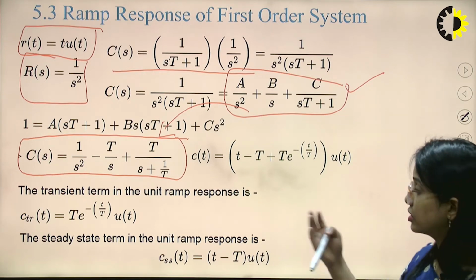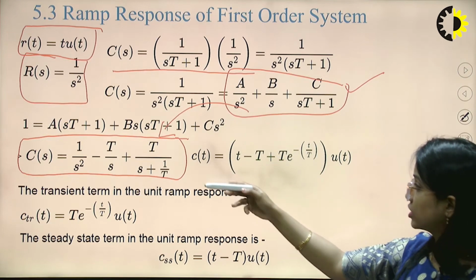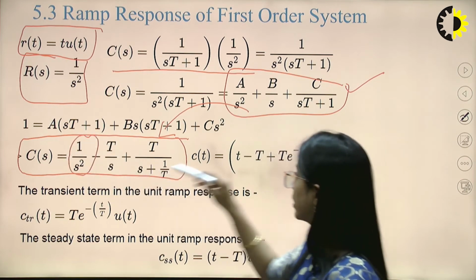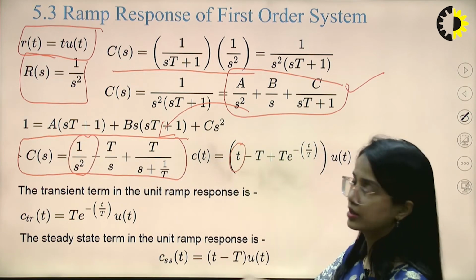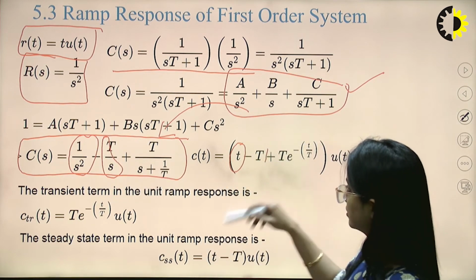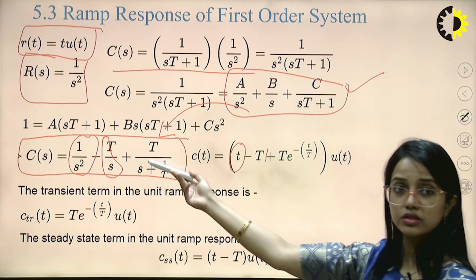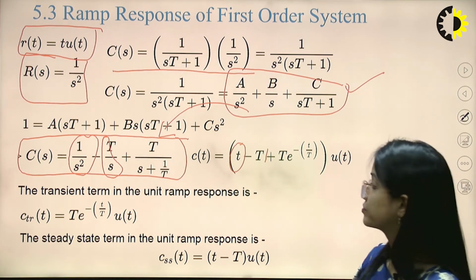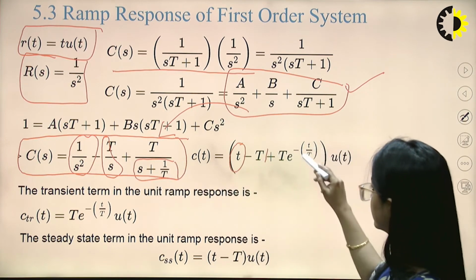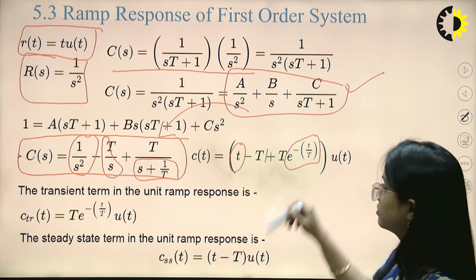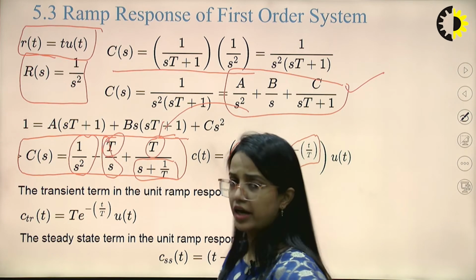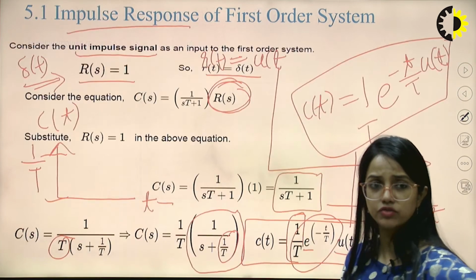Now, substituting this into the time domain, we have 1/s squared as t, 1/s as 1, and T as a constant, capital T is constant, it is coming just like that. And now here, this itself is e raised to the power minus t/T. Of course, this T is constant everywhere. I don't need to tell you what this t is, starting from the very first diagram.